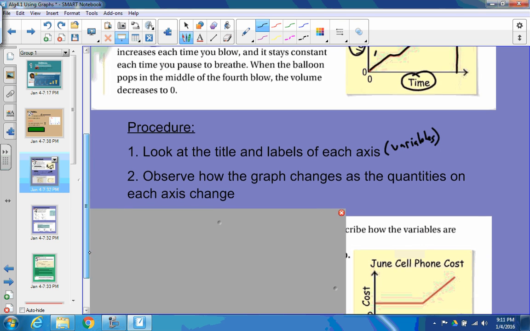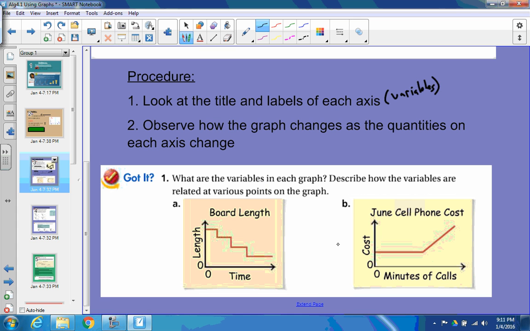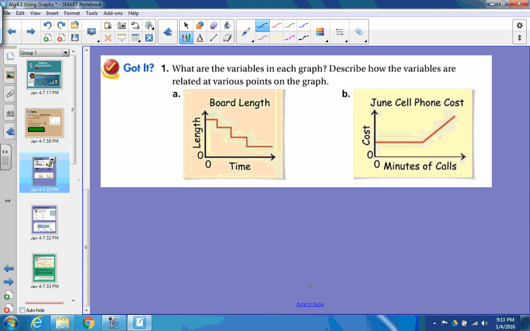So why don't you try this one on your own? Maybe I'll do one of them, and you can do the other one. Using those procedures, what are the variables in each graph? Describe how the variables are related at various points in the graph. I'll do the first one, and you're going to have to do the second one on your own.